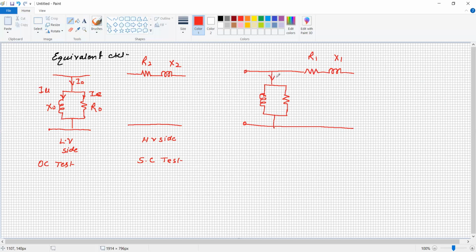The no load current is I0, this current is I1, and here it is I2 dash, referred to the primary side.